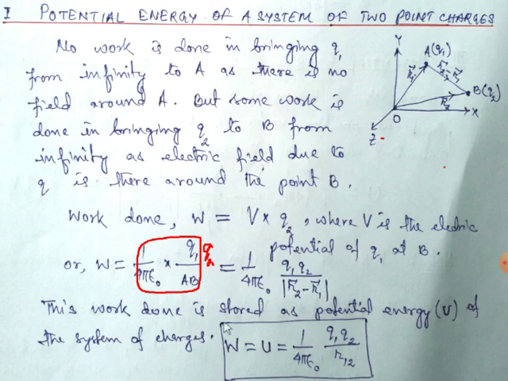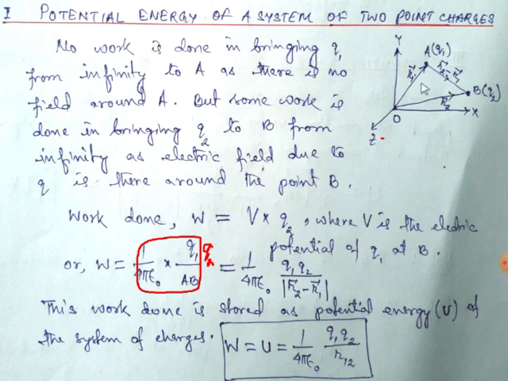This work done is stored as a potential energy U of the system of charges. So in this system of 2 point charges, that work done will be stored in the form of potential energy, and that potential energy can be expressed as what? 1 by 4 pi epsilon naught q1 q2 by R12.